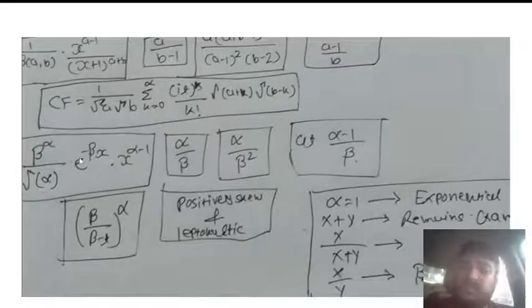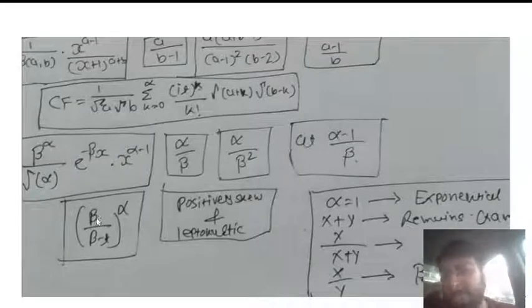Mean is alpha upon beta and variance is alpha upon beta square. And the mode is at alpha minus 1 upon beta, and if alpha is less than 1, then its mode will be 0, not negative. So this is the mode of the gamma distribution.